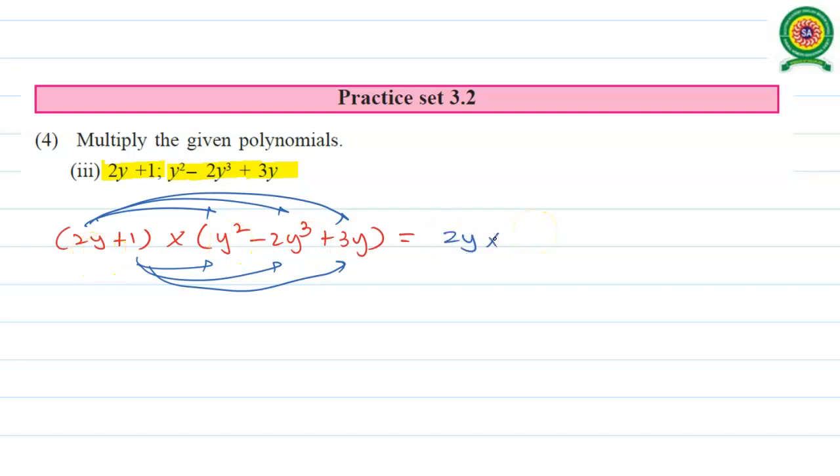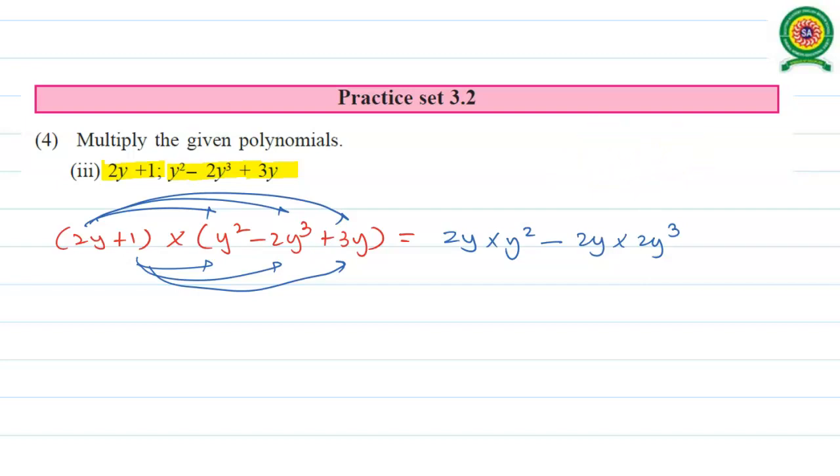Firstly we get 2y into y square. Then plus minus 2y into 2y cube. Then plus y as it is. Try to simplify those multiplications first. Again, we know the power of indices: a raised to m into a raised to n equals a raised to m plus n. Once the bases are the same, we can add up the indices.